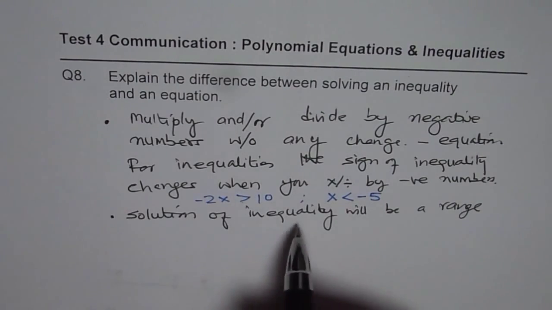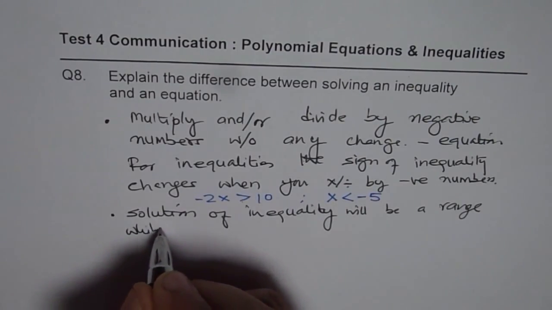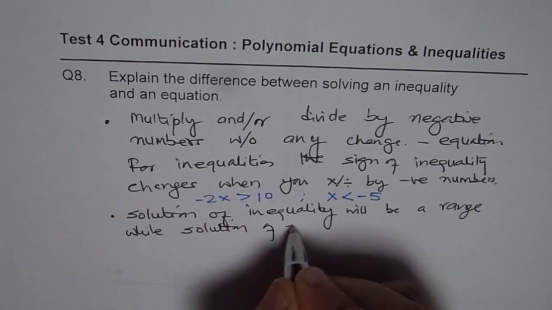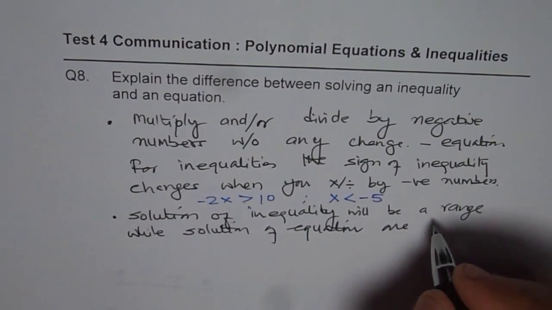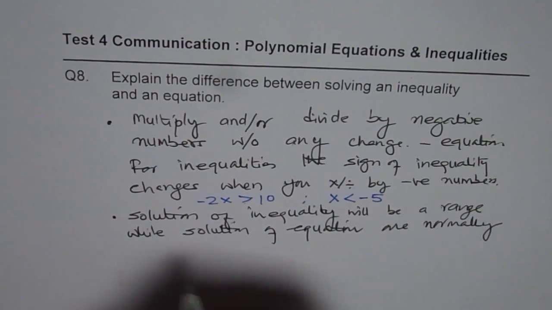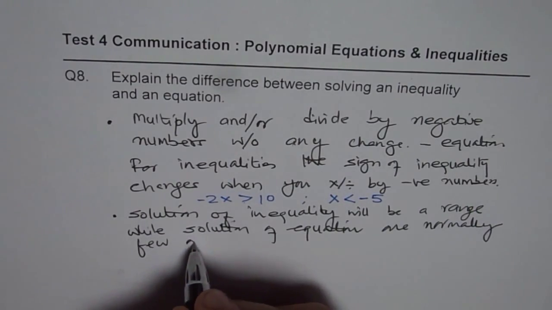So the solution of an inequality will be a range, while the solutions of an equation are normally few, right, depending on the type of equation, or infinite.